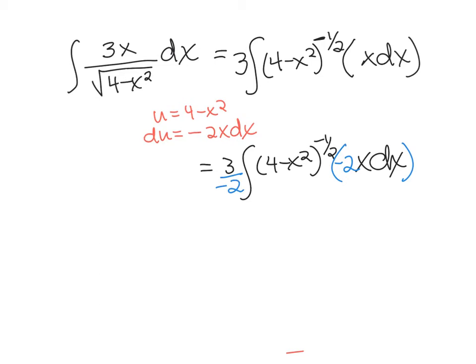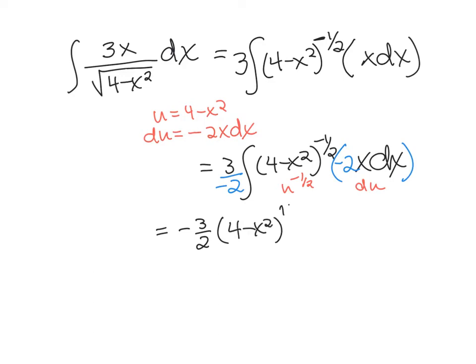Do you see that I did not change the value of my integral? I just multiplied by 1. So now I have negative 3/2 on the outside, and my integral is u to the minus 1/2 and a perfect du. Once you have the perfect du, you don't care what the u is. You're just going to copy it.